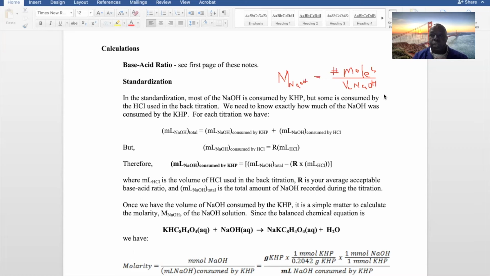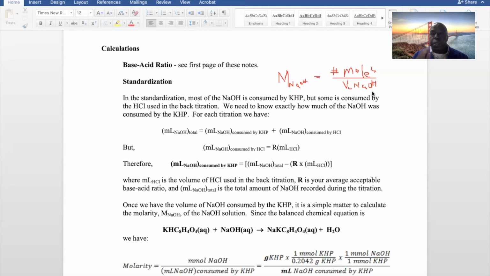Since the number of moles of NaOH is the same as the number of moles of KHP, the mole ratio is 1 to 1. All we need to know is the volume of NaOH. Remember, the mole ratio between KHP and NaOH is 1 to 1.